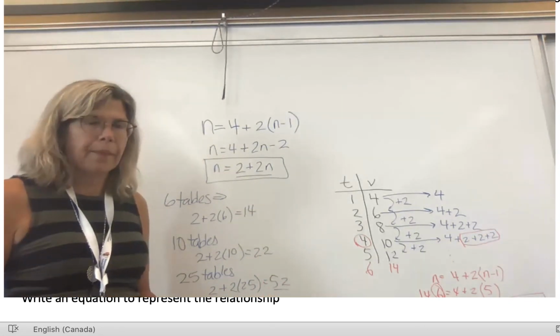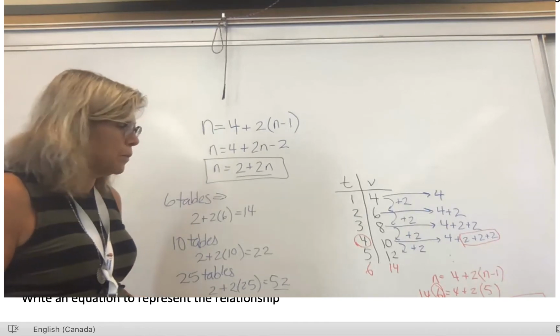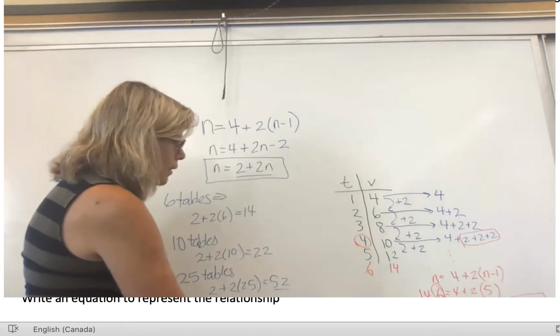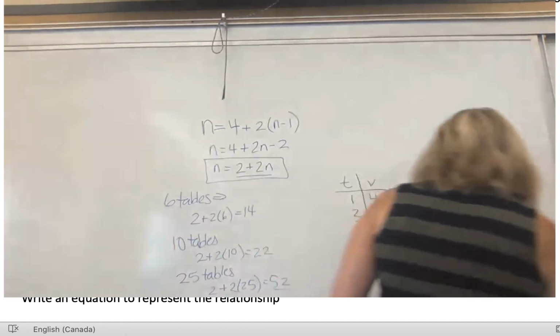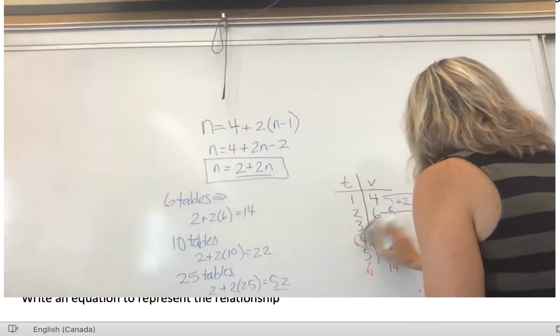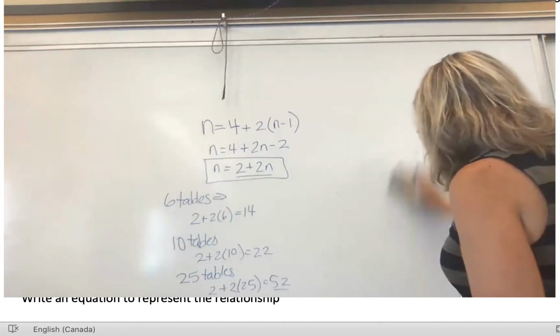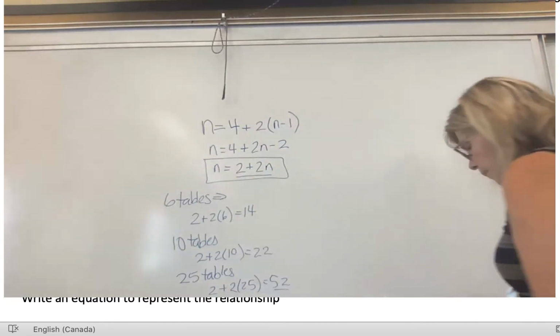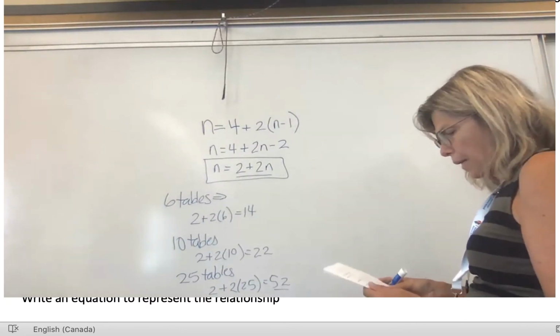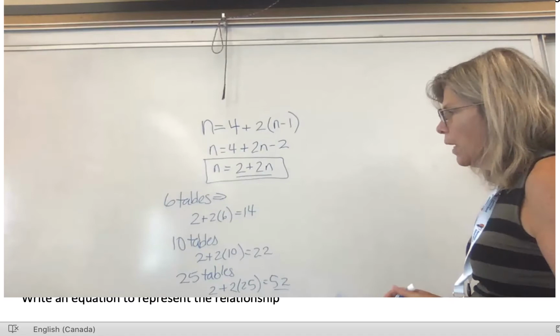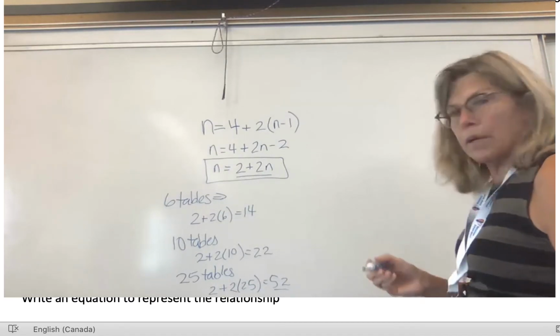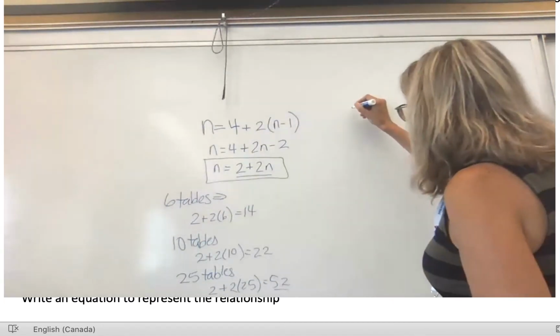Okay? And then we can also do it the other way around. So if we had, it says how many tables are needed to accommodate 100 people. So in this case, we know our n equals 100.